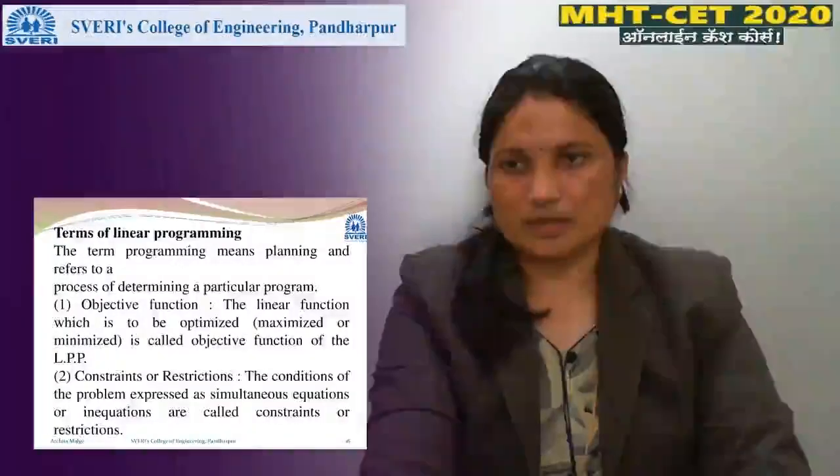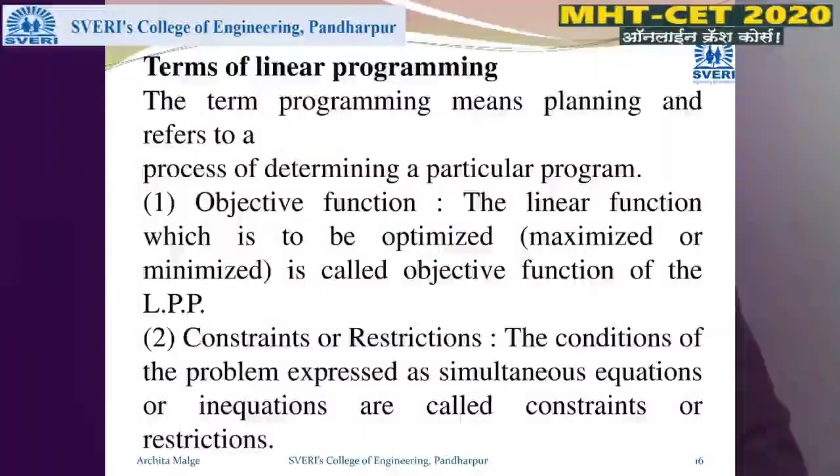Now there are some terms of linear programming. The term programming means planning and refers to a process of determining a particular program. The first is the objective function. The linear function which is to be optimized, that is maximized or minimized, is called the objective function of a linear programming problem. Then constraints or restrictions: the conditions of the problem expressed as simultaneous equations or inequations are called constraints or restrictions.